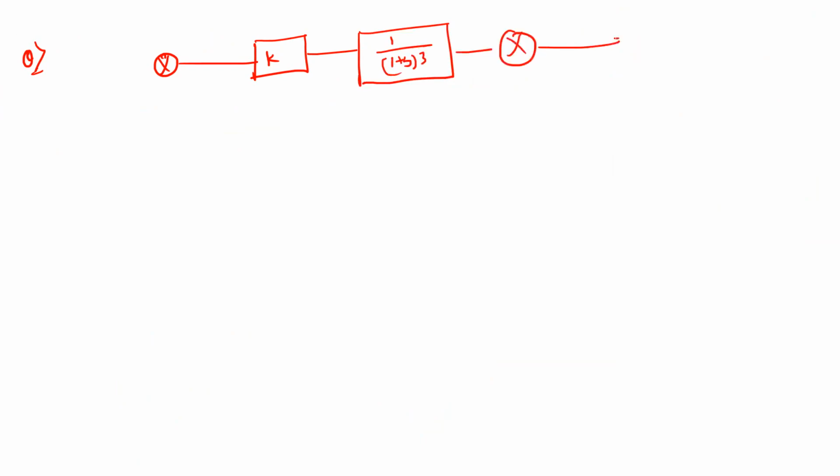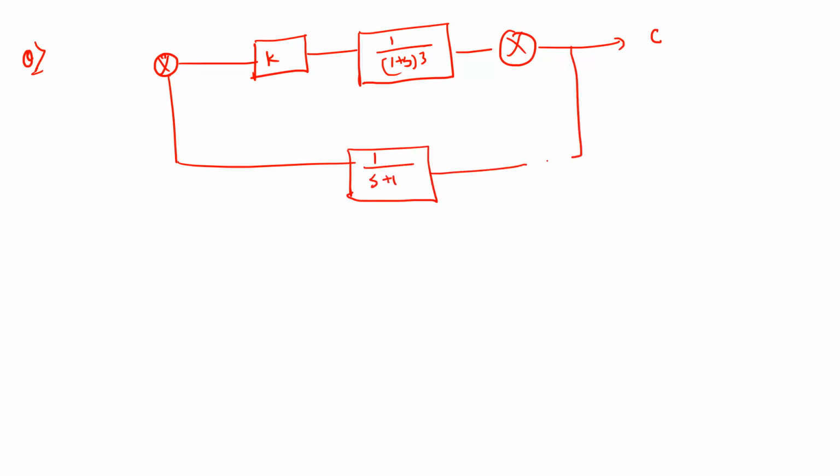So this is a closed loop transfer function, closed loop response, that is the K, that is 1 upon 1 plus S whole cube, fine. This one is something like that, and again there is a feedback over here, 1 upon S plus 1.